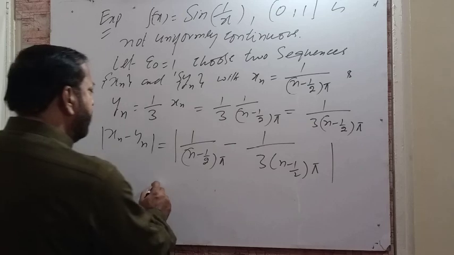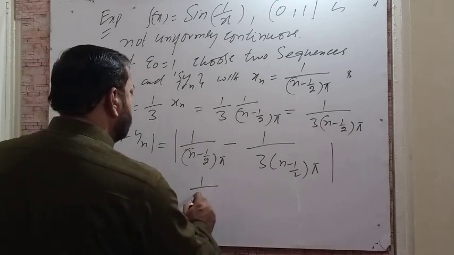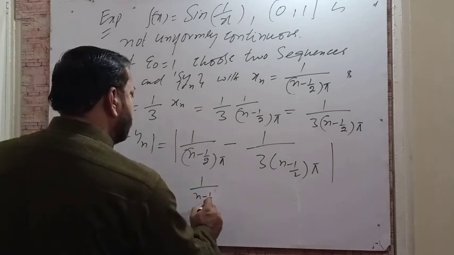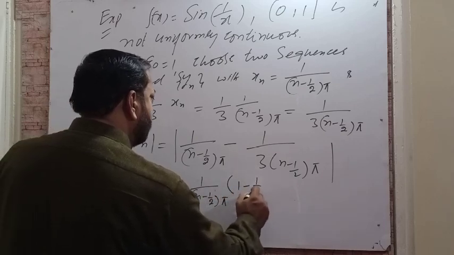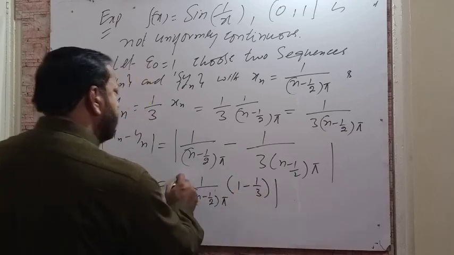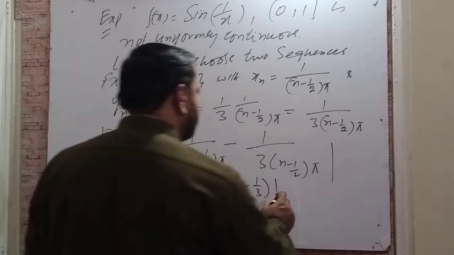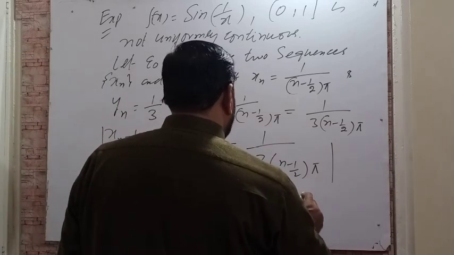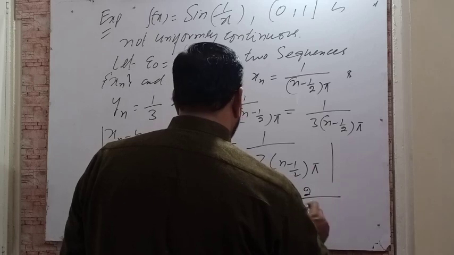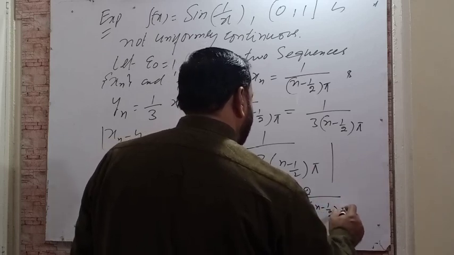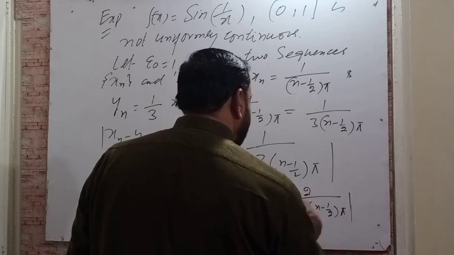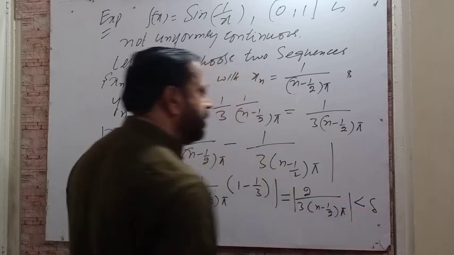If you simplify, this is 1 over (n - 1/2)π into (1 - 1/3). This is equal to 2 over 3(n - 1/2)π, say, and this is less than delta.